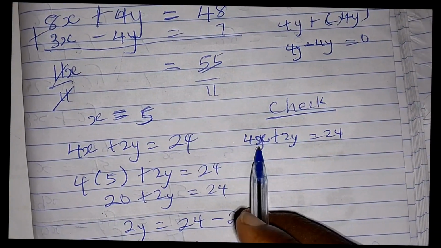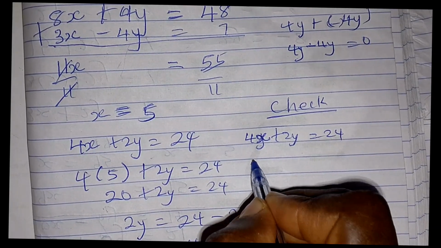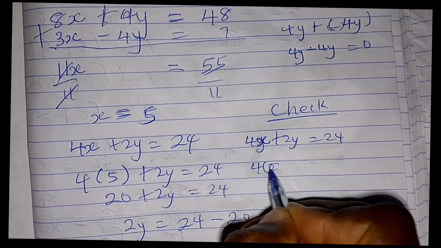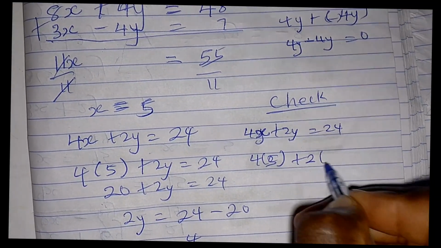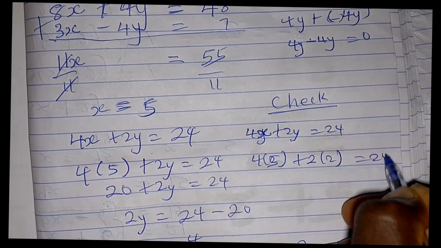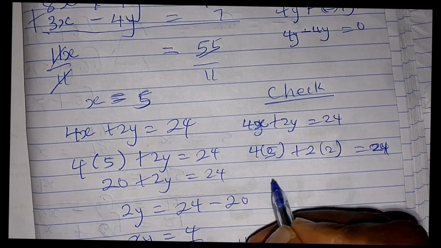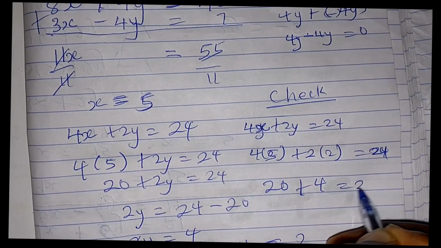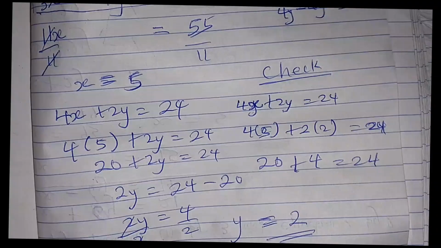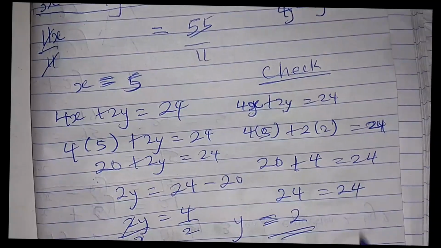So what is x? x is 5, and that is 4 times 5 plus, what is y? y is 2, 2 times 2, equals 24. So 4 times 5 is 20 plus 2 times 2 is 4 equals 24. And so 20 plus 4 is 24, equals 24.